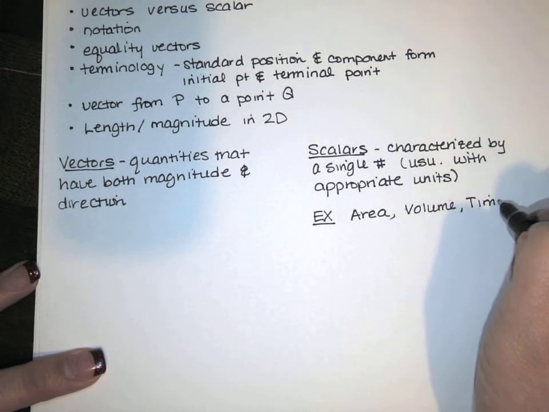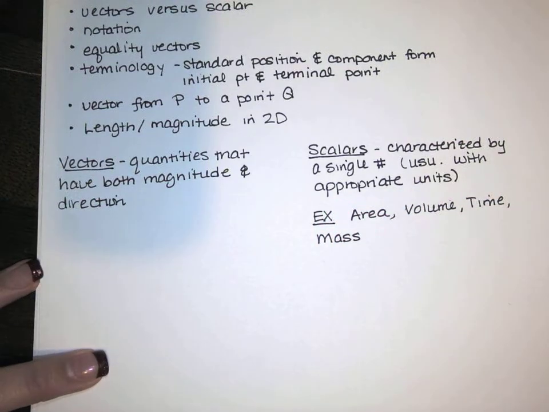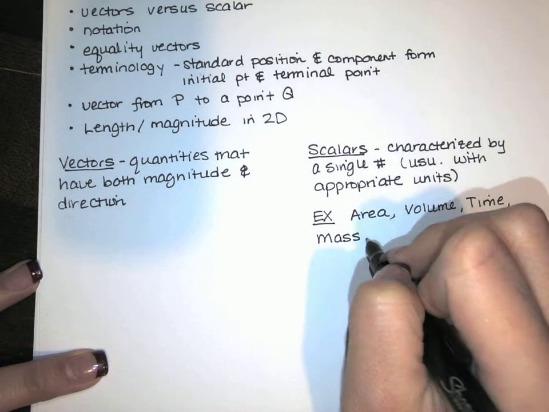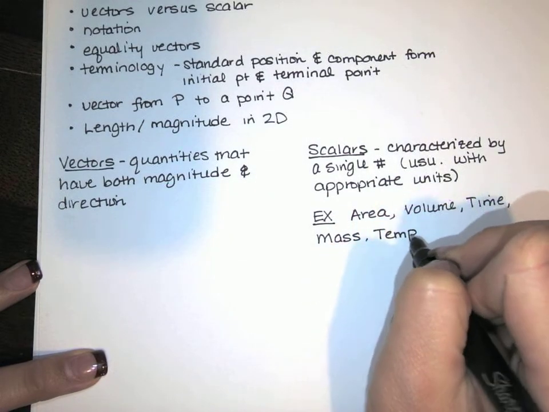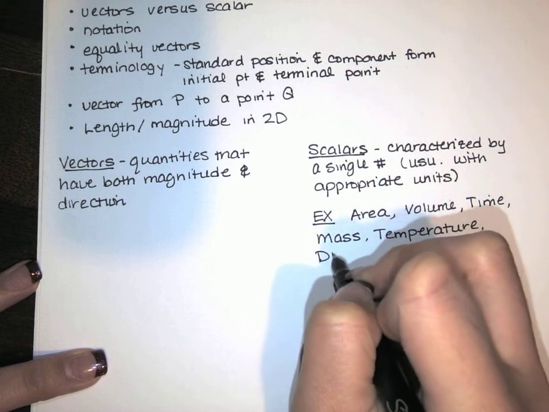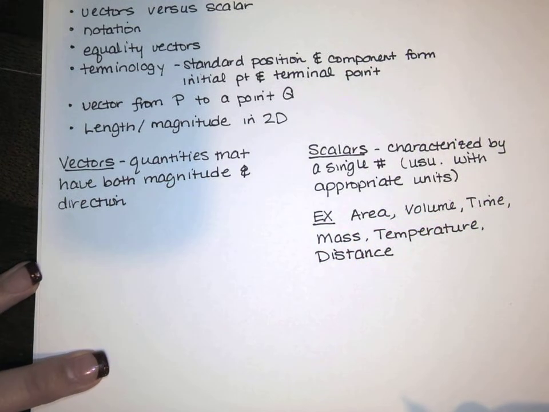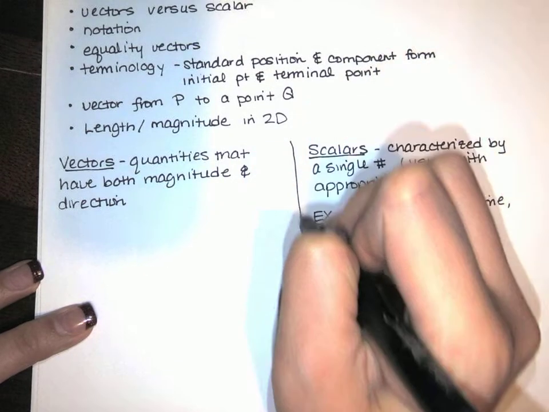Time is a scalar. Mass is a scalar. Let's see. Temperature is a scalar. Distance is always positive, except for when it's 0. It's never negative. All of those are scalars.